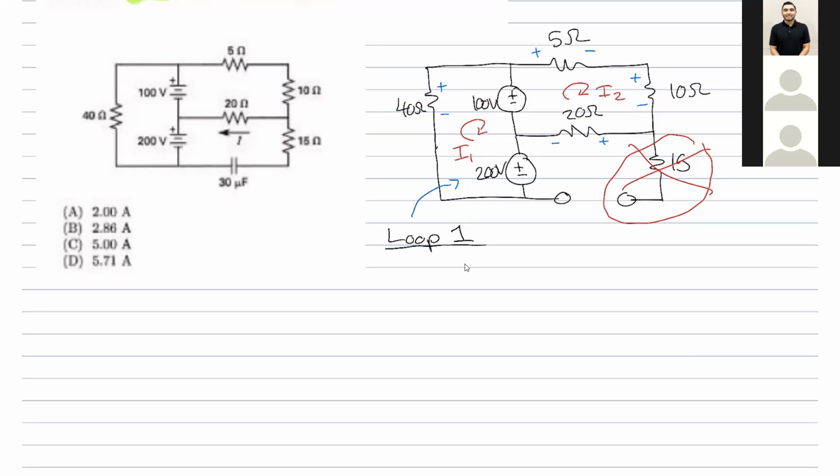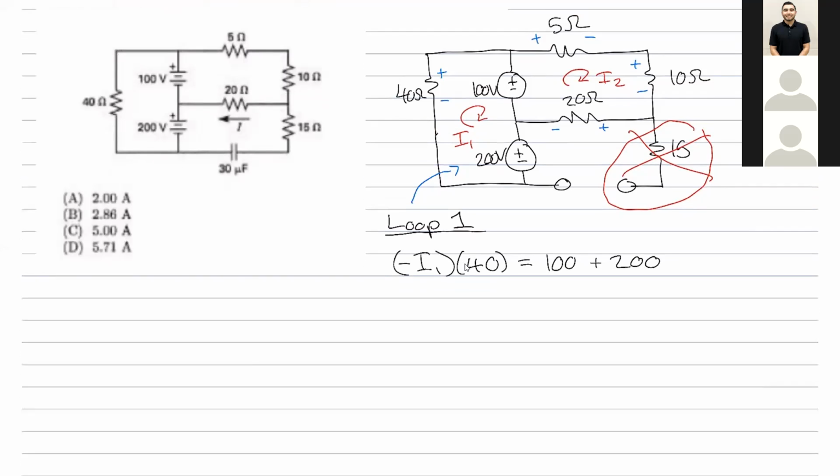So I'm gonna get negative I1 times 40 ohms. I'm gonna omit the ohms right now, just because it's annoying. Okay, that's a rise, and then the rest are drops. So that is gonna be equal to 100 plus 200. Okay, does everybody understand that?